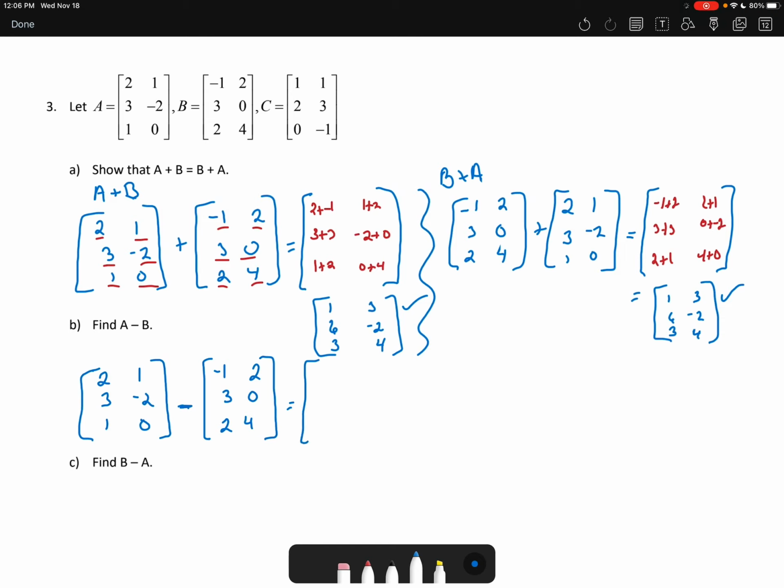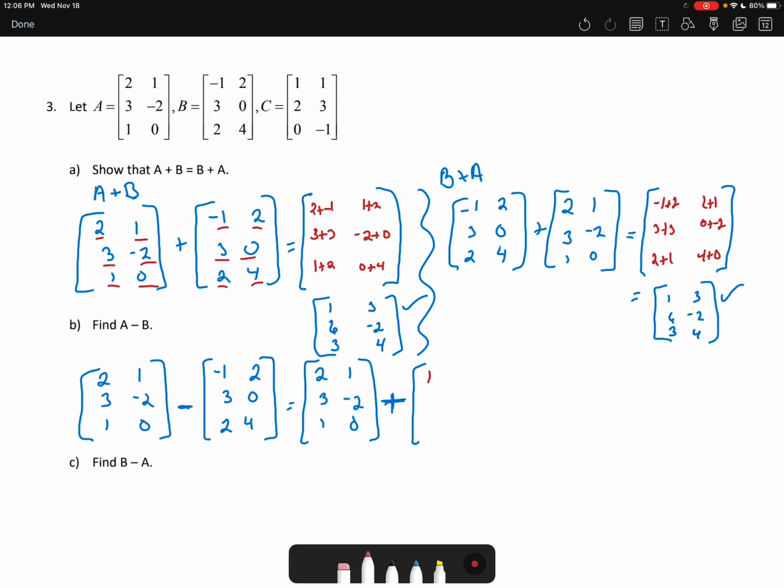The key with subtracting, and I'm going to rewrite this problem, I recommend doing this, especially when you're first getting started with these, to make sure you don't make any mistakes. The same idea goes with matrices as with regular numbers, which is that subtracting is simply adding. I can change this to an addition problem. It's adding all of the opposites.